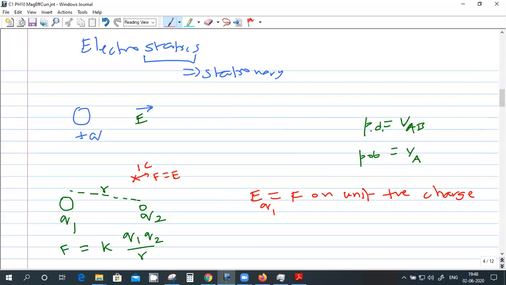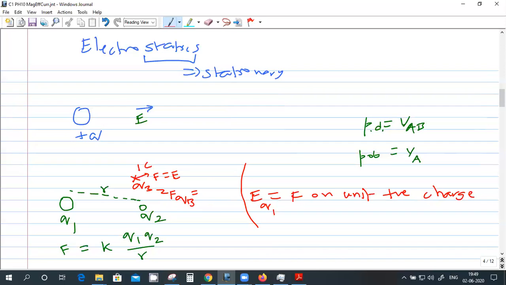So if you have to find the force on a charge, say Q3 here, how much is the force on Q3 in terms of E? E is known at this point, and E is the force on unit positive charge. If the force on 1 coulomb is E, what is the force on 2 coulombs? 2E.